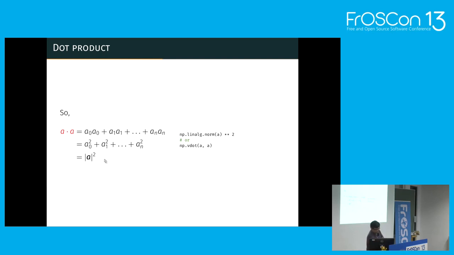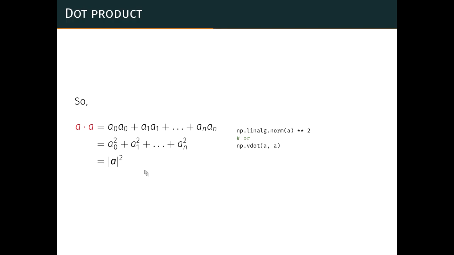In this case, it's easy to see that the dot product of the same vector is actually the norm squared.